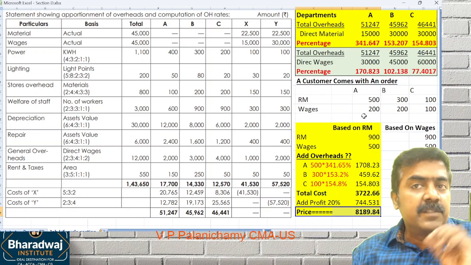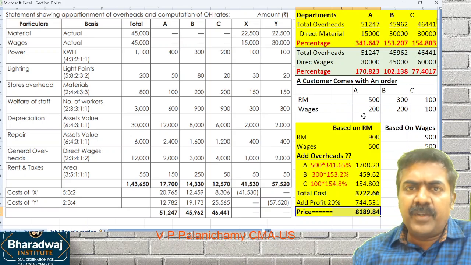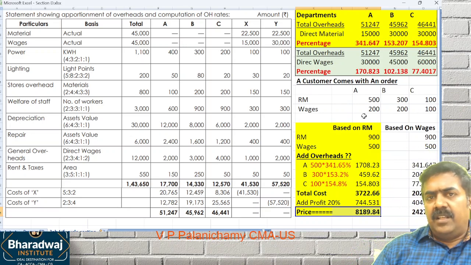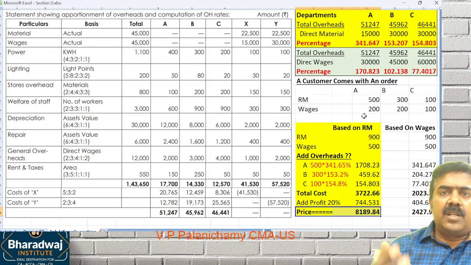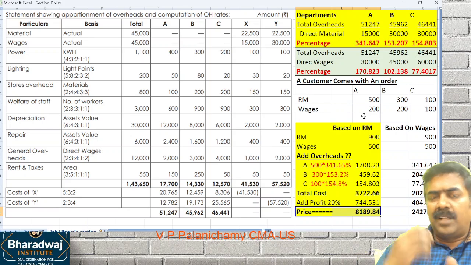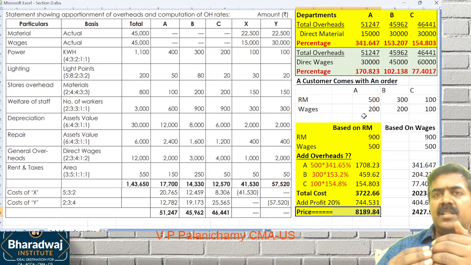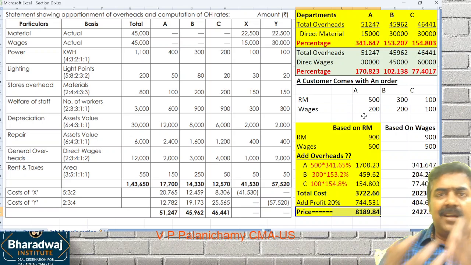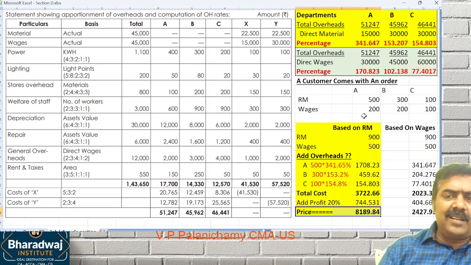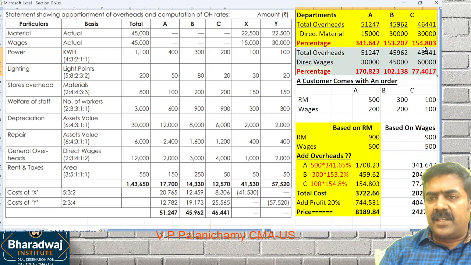If it is based on wages, for example, in my industry or my product, the amount of work that I do, the artistic work, cutting, carving, finishing work, will decide the selling price of the product. I was using an example like silk saree or interior decoration. Then absorb the overheads as a percentage of which one?